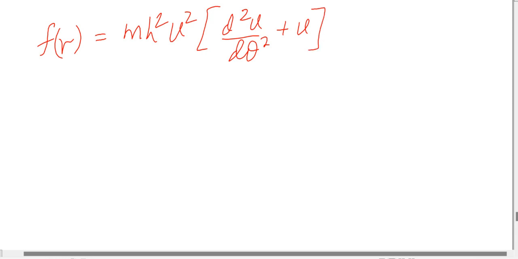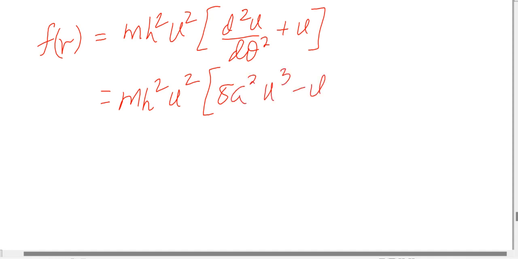This is the equation of motion. So we replace and write m h squared u squared, then now this we got 8a squared u cubed minus u. That's the second derivative, so we add u. And we get the result as, now you see this will give us 0.